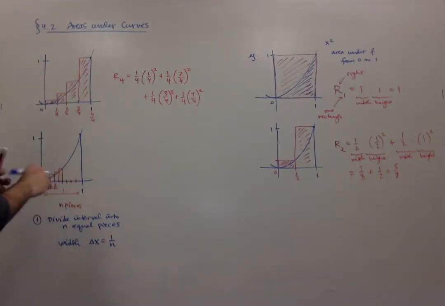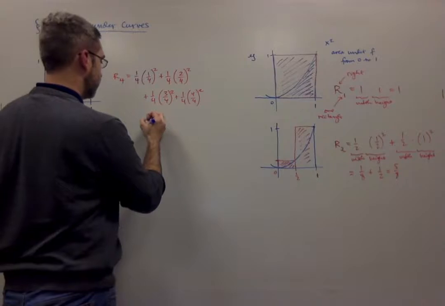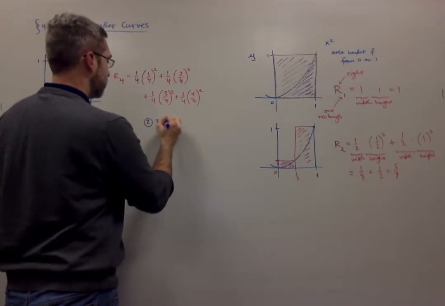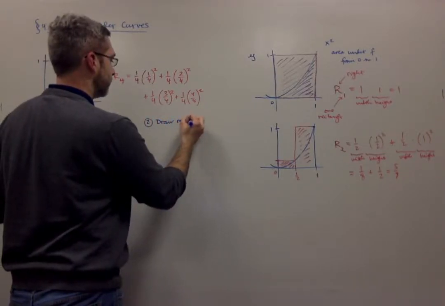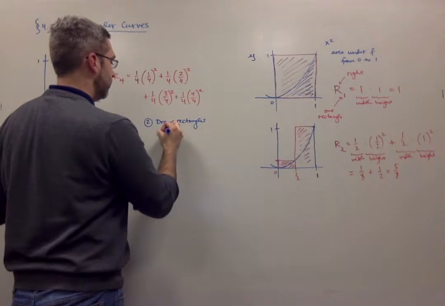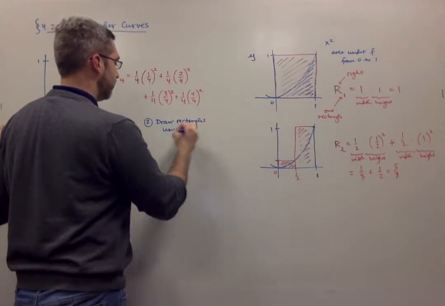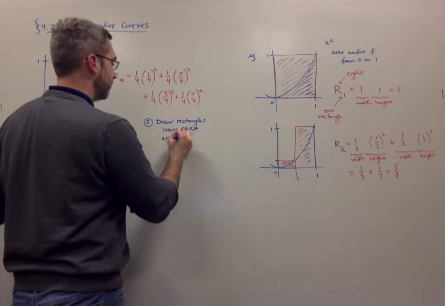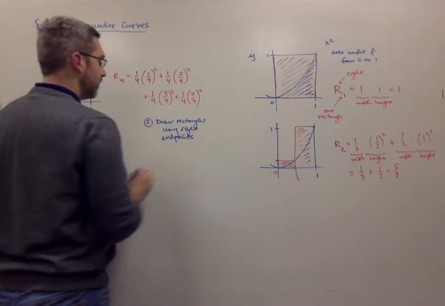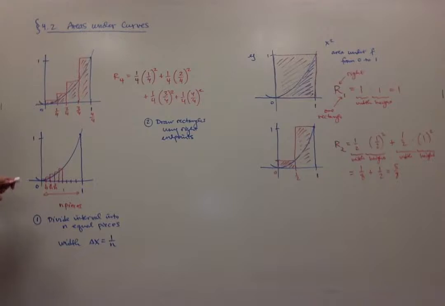So my next step here is I'm going to draw rectangles using right endpoints. You don't have to use right endpoints. The book talks about upper sums, which means you use the highest point on the interval, which in this case is the right endpoint.